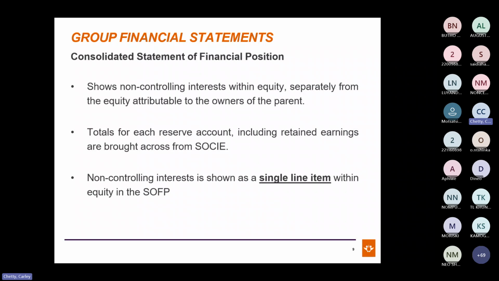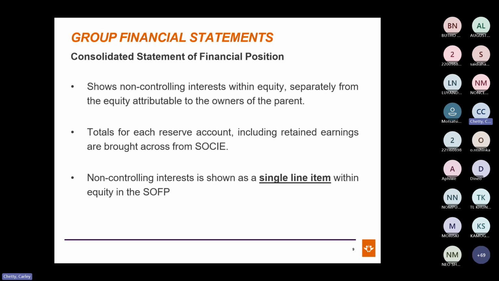Okay. So in equity, we are going to show the non-controlling interest separate to the parent's equity, with totals for each reserve account. So in our statement of financial position, in the equity part, we're going to show the non-controlling interest, and we're going to show the portion that belongs to the parent.